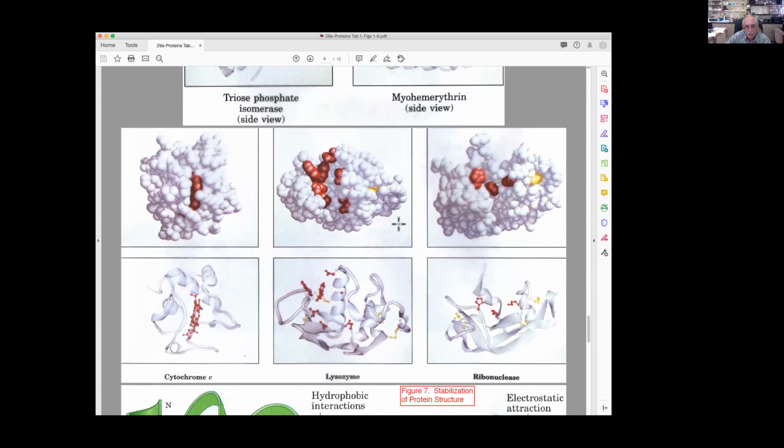So these are space-filling models, and these are ribbon models. So you can see the space-filling models are good for some things, but they're kind of hard to figure out. You cannot see secondary structure in here at all, okay? But it's these space-filling models that are used in pharmacy.